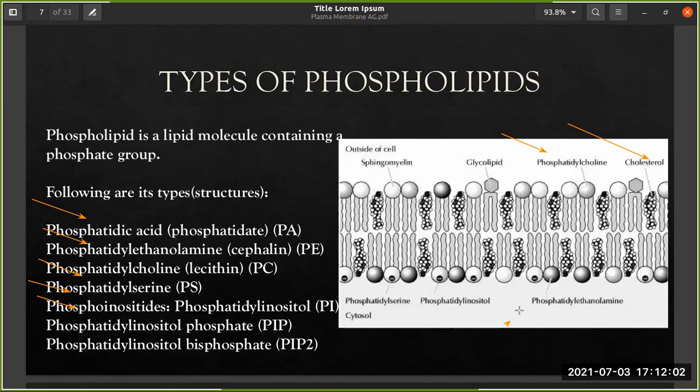Then you have phosphatidyl ethanolamine, phosphatidyl inositol, and phosphatidyl serine present. These are the different types of phospholipids which are present. So this is a phospholipid, and on the phospholipid you have either of these chains attached.